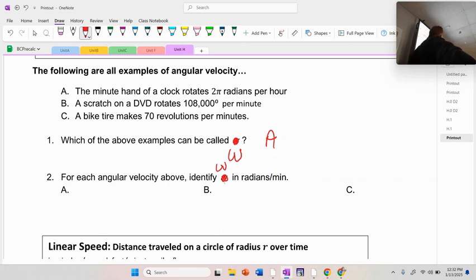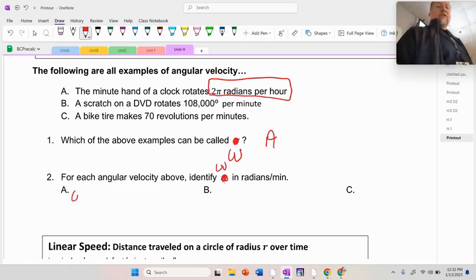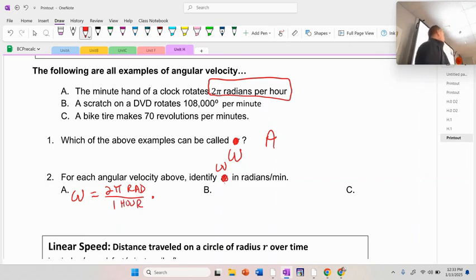Find the angular velocity above in radians per minute. So here's letter A, that's in radians per what? So all I have to do is change that to radians per minute. So this is 2 pi radians per hour. And then here's your dimensional analysis. How many minutes are there in an hour? Where do I put it, is it 1 over 60 or 60 over 1?